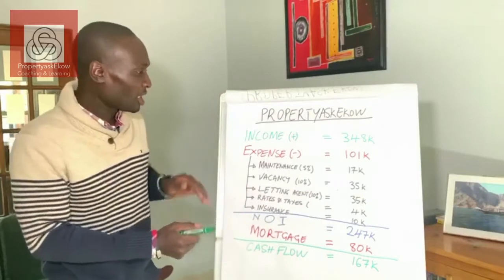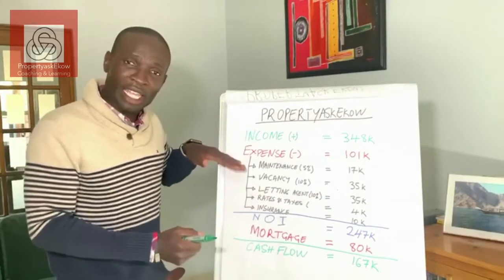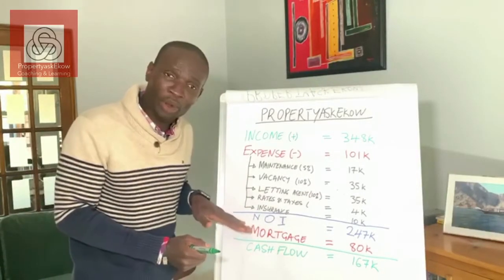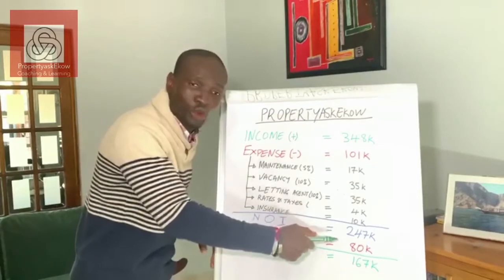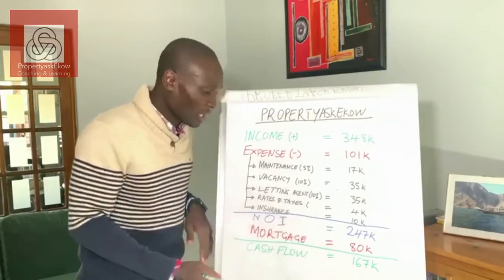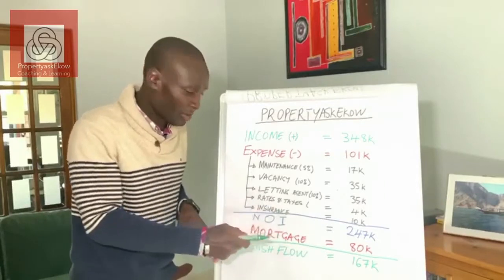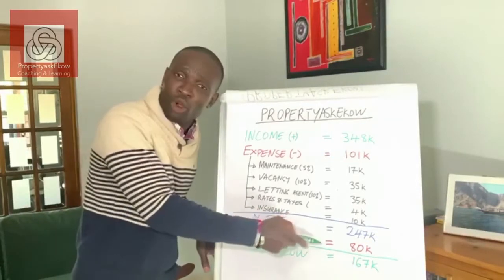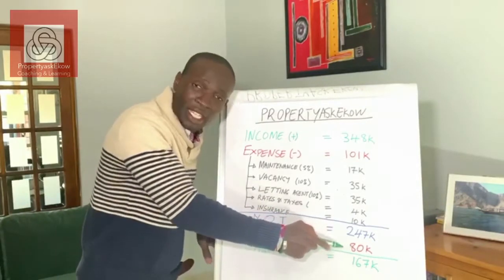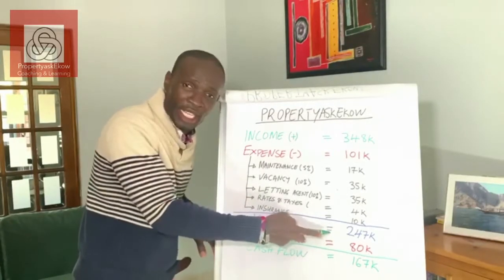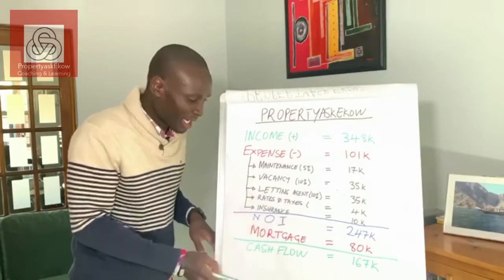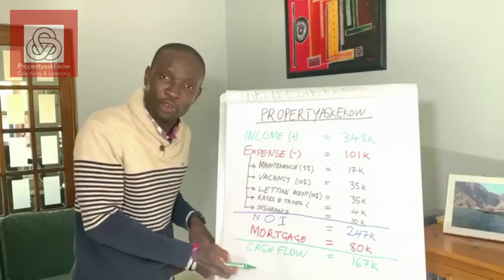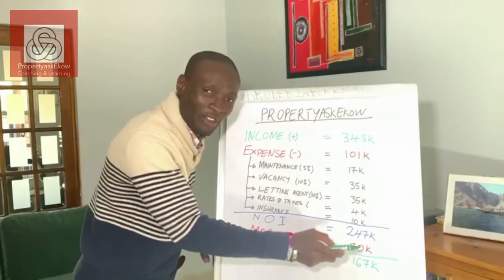So in total, your income less the expense gave us a net operating income figure of 247k. And in the first year, our mortgage was at 80k. Your net operating income less the mortgage gives you a free cash flow of 167k.